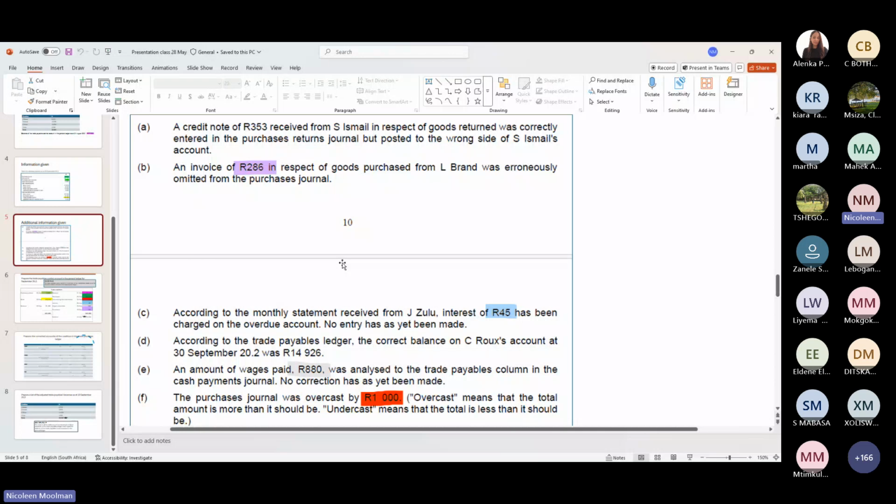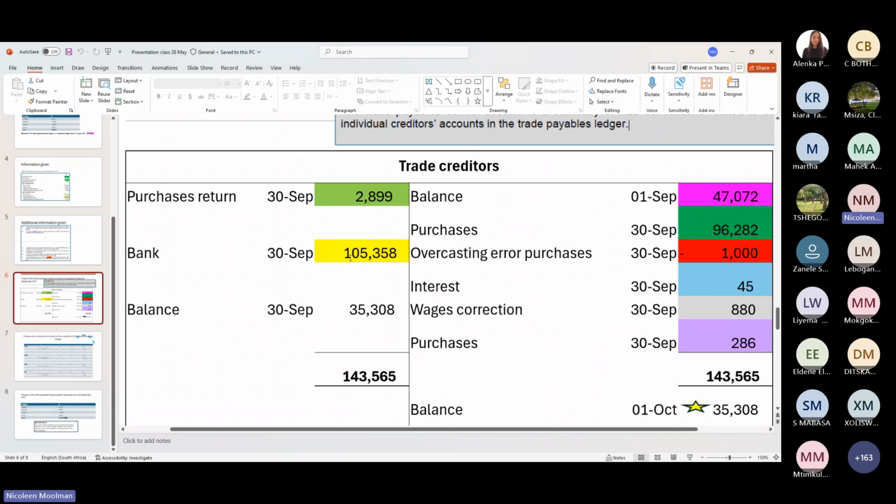So with the wages example, where they said that 880 rand was included in the trade payables column in the cash payments journal, the entry that was incorrectly done happened to be credit bank with this 105358 and debit trade creditors 105358. So that was the entry that was posted, but in that balance there's 880 rand which is incorrect.